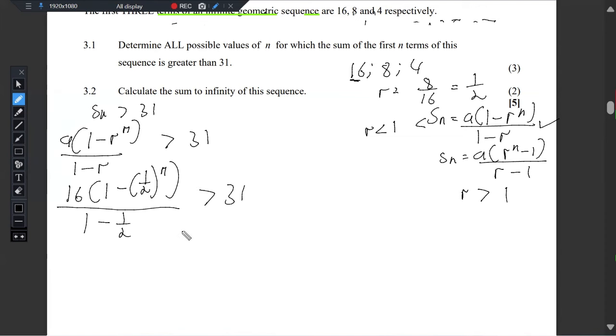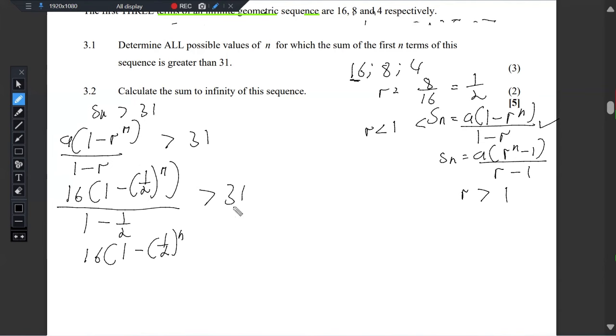So first thing, to make sure that you don't have so much maths, you can start by just finding the value down here. That's 1 minus half, it's half. And then now you have 16 times (1 minus 1/2 to the exponent of n). This is half here.